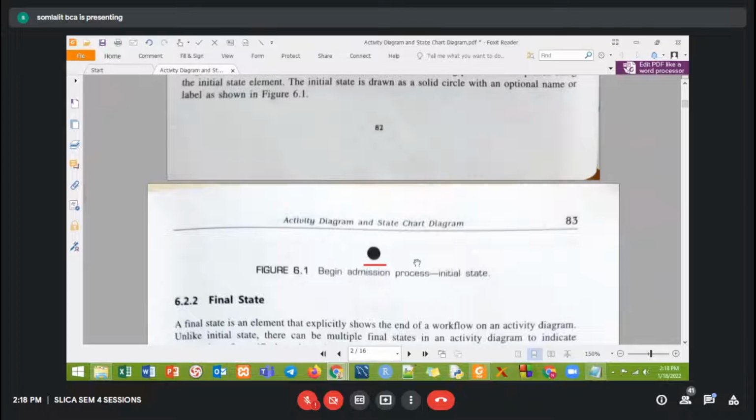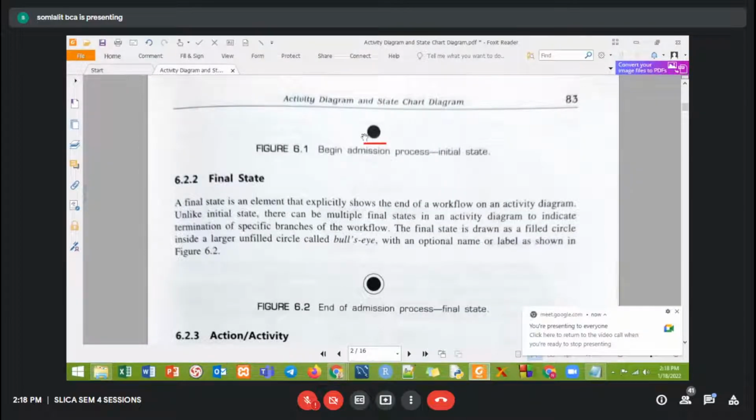So this is the begin process, a filled circle. Then this is the final state, meaning the end process, the end step. This is known as a bullseye. A bullseye means a circle with a part of it filled and a part of it not filled.